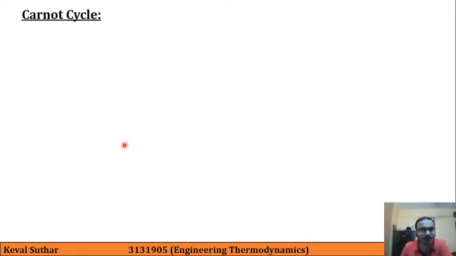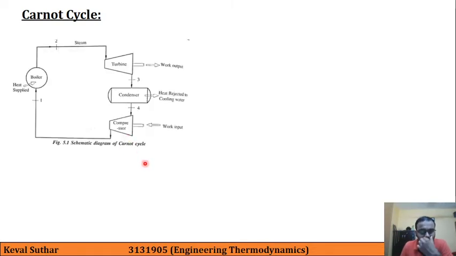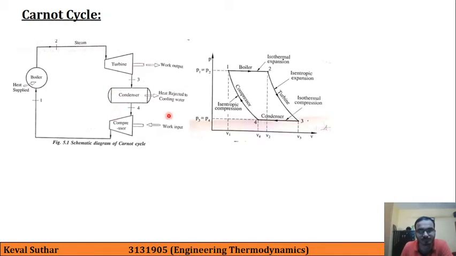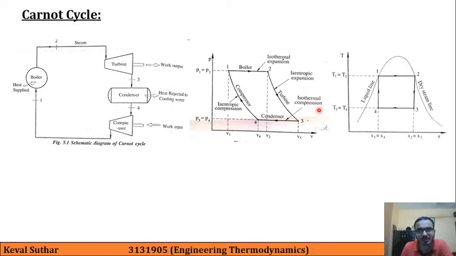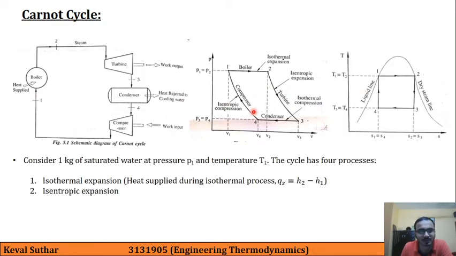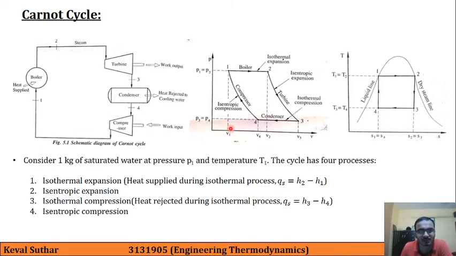We began in our last lecture with the Carnot cycle, which is the basic thermodynamic cycle. It necessarily contains four parts: boiler, turbine, condenser and compressor. Here are the PV and TS diagrams of the same cycle, and it contains four processes.